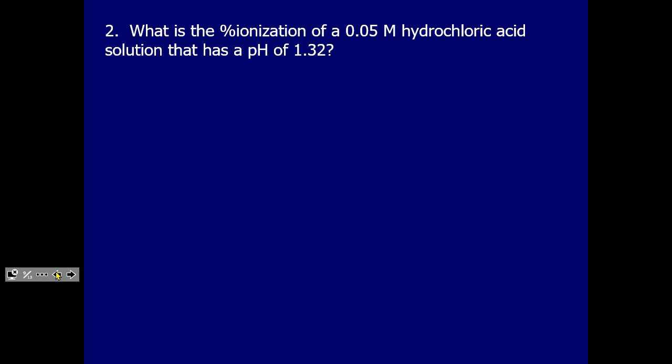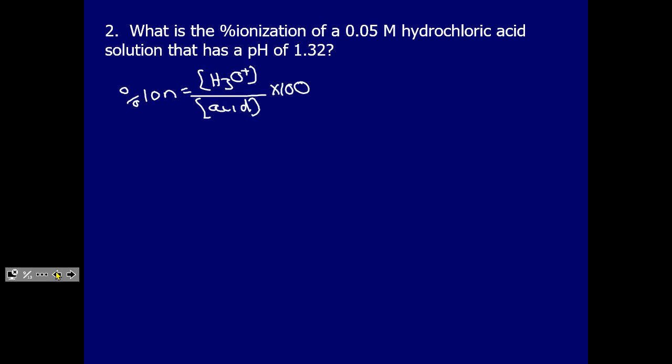So this is asking for the percent ionization. I know the concentration of the acid. I could write out that percent ionization equation, H3O plus over the concentration of the acid times 100.